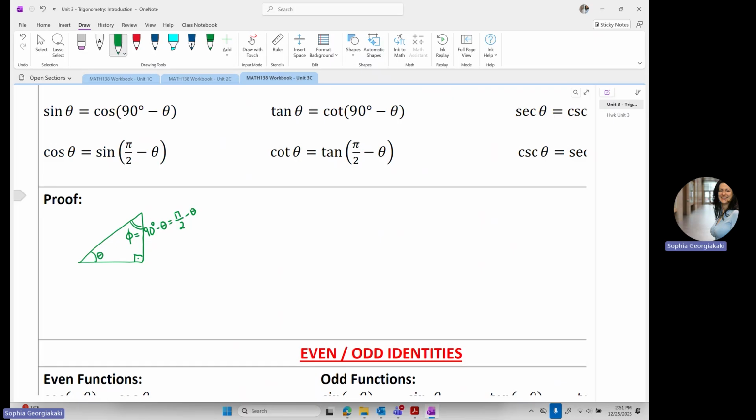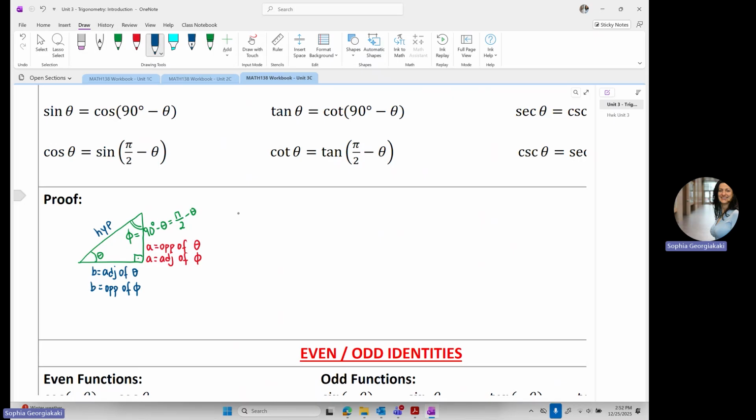And the property that they have is that for theta, A is the opposite, this side A is actually the adjacent of phi. And this side B is the adjacent of theta, but it is the opposite of phi.